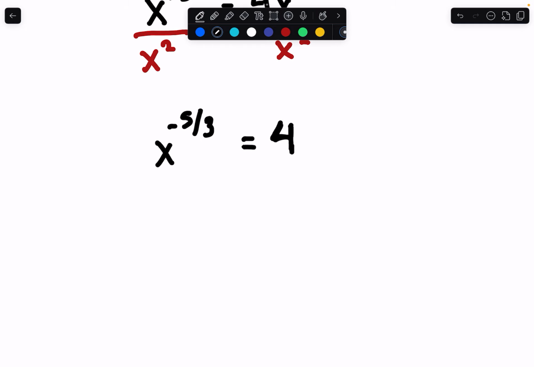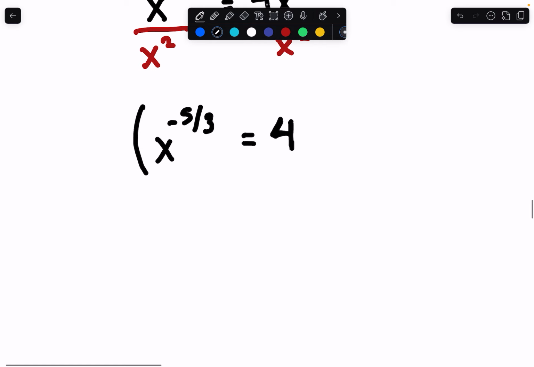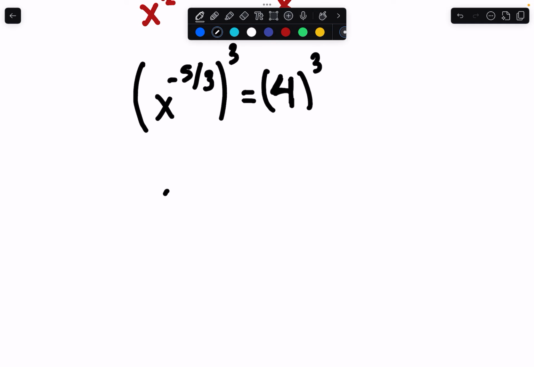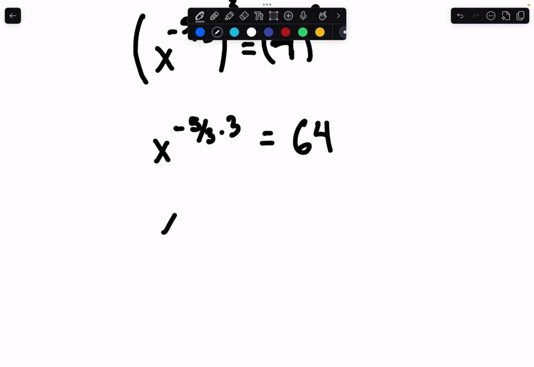We now want to work to get this power of x to be 1. So the first thing I'm going to do is I'm going to put both sides to the power of 3. And what that gives us is x to the negative 5 over 3 times 3 is equal to 64. Now these 3's cancel, and what we get is x to the negative 5 is equal to 64.